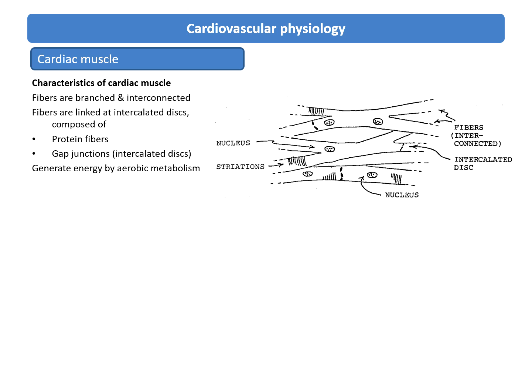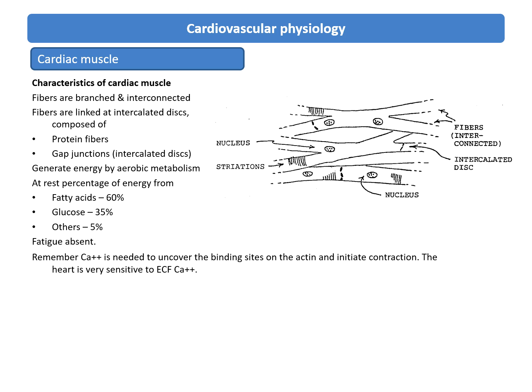They generate energy by aerobic metabolism. At rest, of the energy generated by cardiac muscle, 60% comes from the breakdown of fatty acids, roughly 35% from glucose, and roughly 5% from other sources. Fatigue in cardiac muscle is absent.